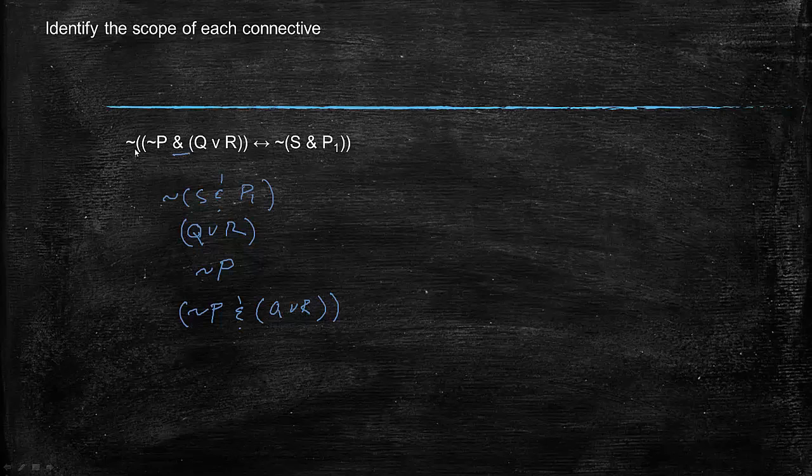Scope of this negation, the smallest formula, subformula that contains this negation is the entire formula. So what's the main connective? The main connective is the negation. Right? Main connective is the negation. The outside negation. Okay.